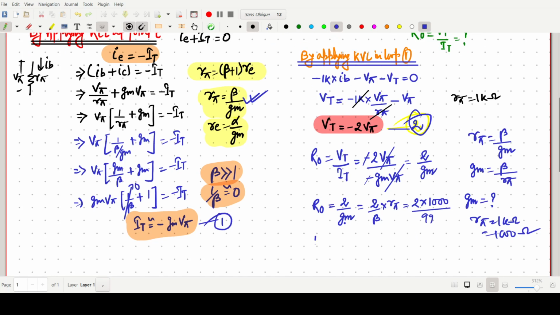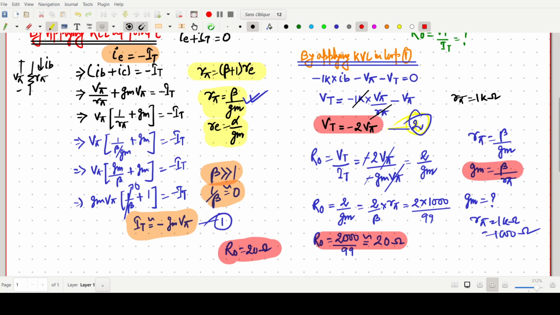So this R naught value is more or less 2000 by 99. If we solve 2000 by approximately 100, it will come around 20. So R naught value is 20 ohm. The final result is R naught equals 20 ohm.